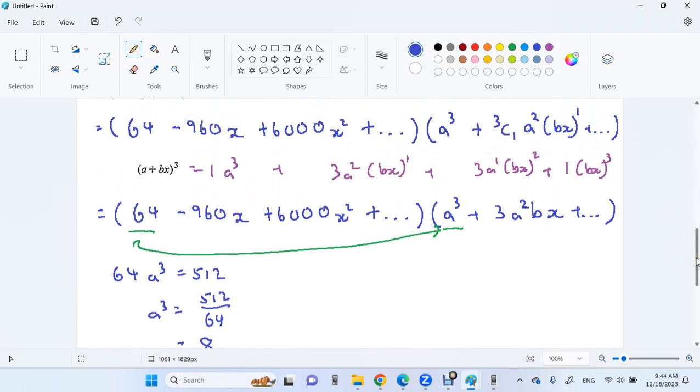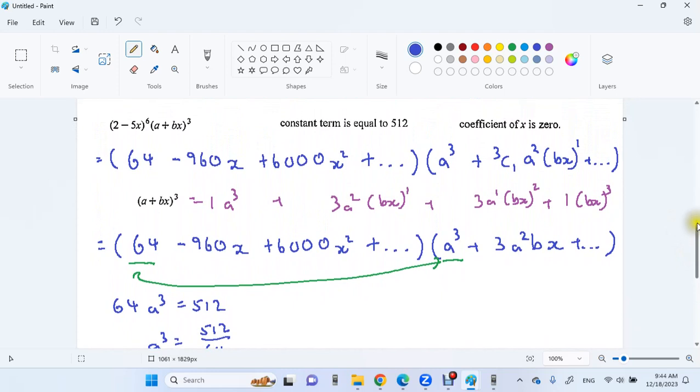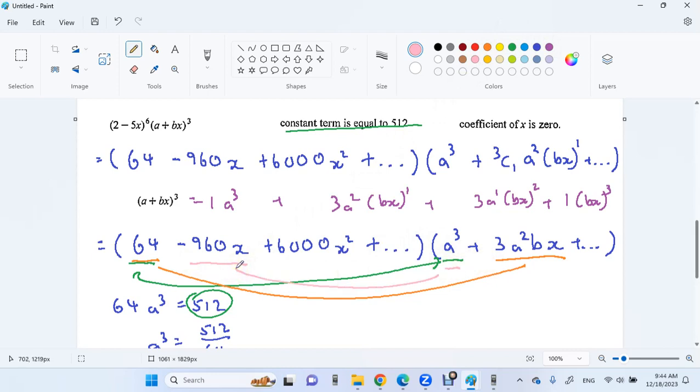Okay, then the coefficient of x is 0. So for the coefficient of x, we have this multiplied with the constant term, then we have x, and also we have the negative 960x multiplied with a cubed, then they will give you x.